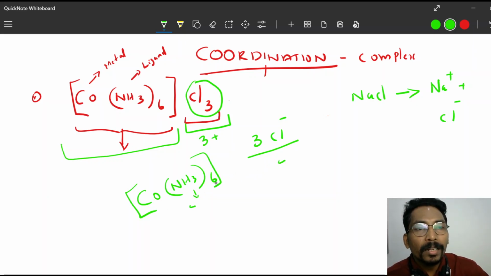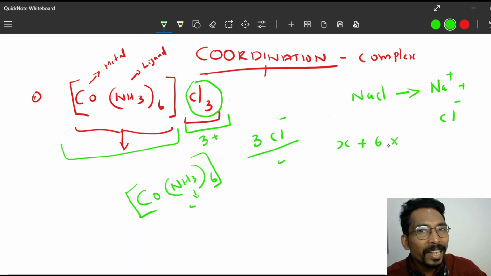So you can assign X to the central metal atom cobalt, for which you are going to find the oxidation state. So X plus, how many ammonia ligands are there? 6 ammonia ligands are there. What is the charge of ammonia?